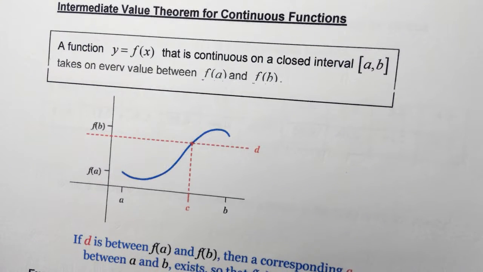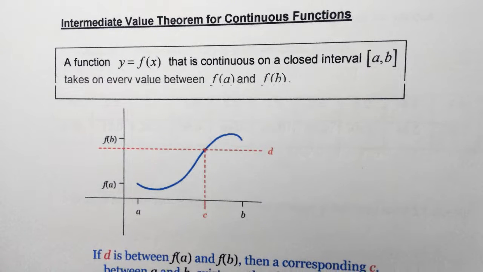The next topic of our notes talks about the intermediate value theorem for continuous functions. It states that a function y equals f of x that is continuous on a closed interval a comma b takes on every value between f of a and f of b.